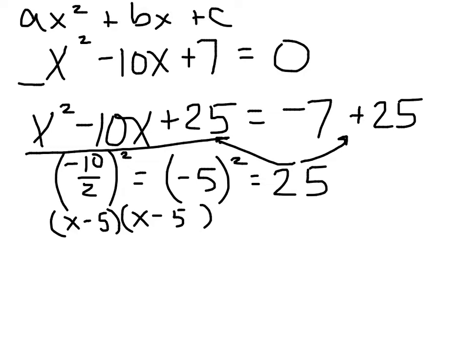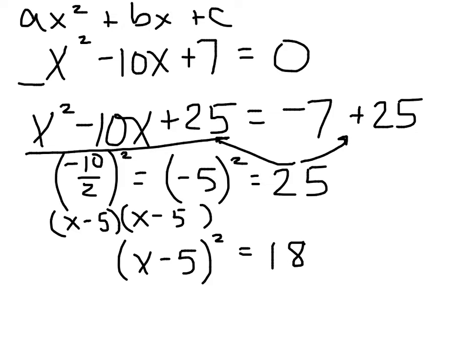Do you remember on the first two where I said, I want you to write it as one group squared rather than two groups? Do you remember me saying that? Good. That's the factor side. Now the other side means add those two numbers together. What's negative 7 plus 25? 18.